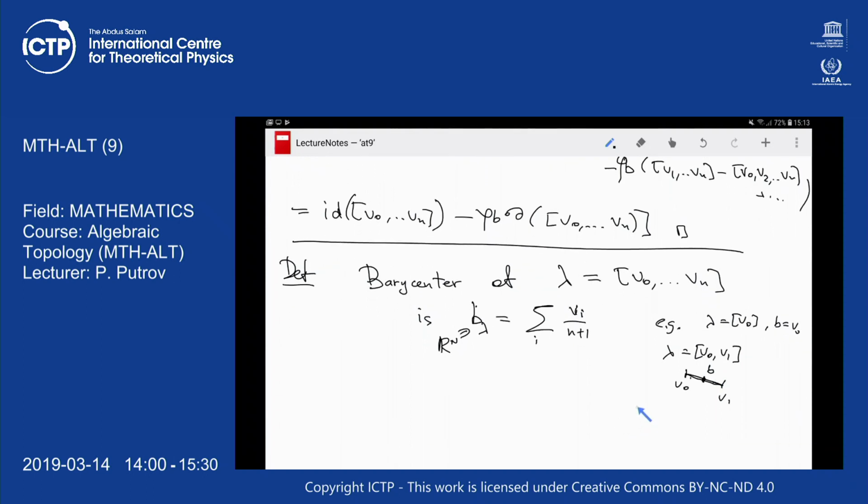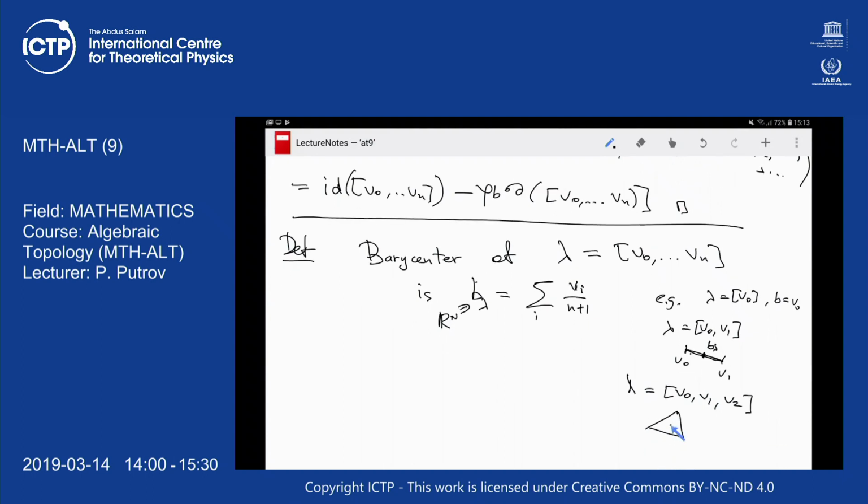And if lambda is a triangle, possibly degenerate, this B will be the intersection of medians of this triangle. This is the same.